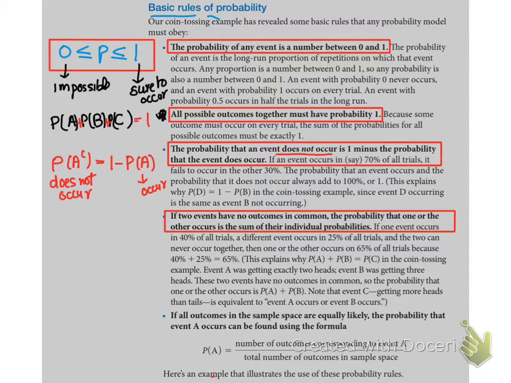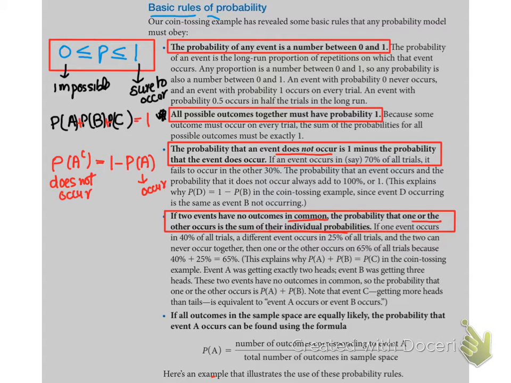If two events have no outcomes in common, then the probability that one or the other occurs is the sum of their individual probabilities. So you can just add all the probabilities of certain subgroups of any outcome.